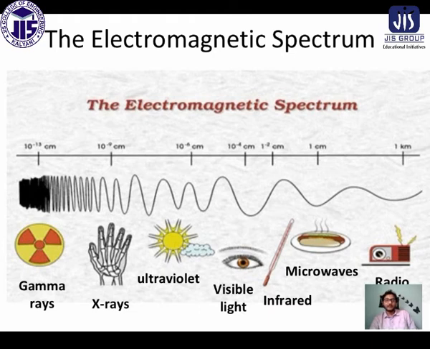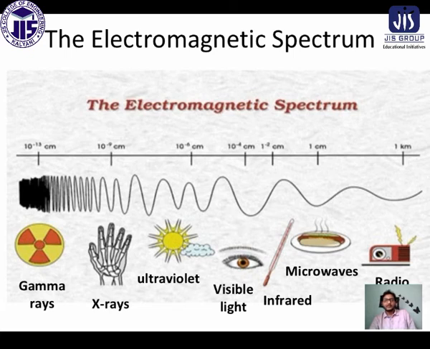Then comes our visible light, which our eye can visualize. This visible electromagnetic spectrum has a wavelength in the order of 10 to the power minus 4 centimeter, plus or minus something. After that, as the wavelength increases again, we get infrared, then microwaves, and then radio waves.